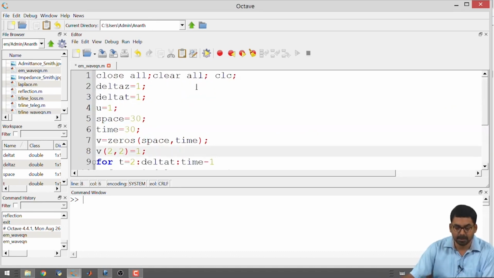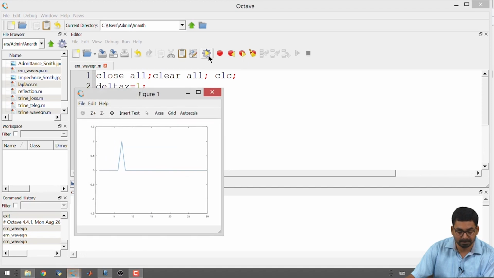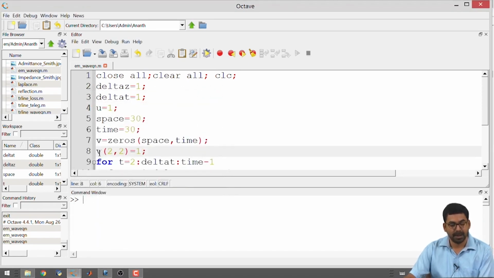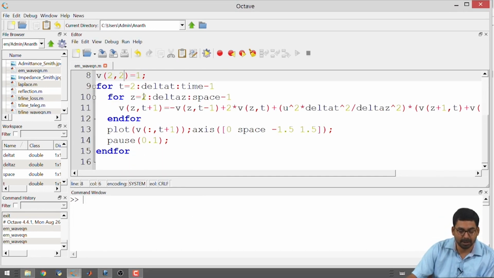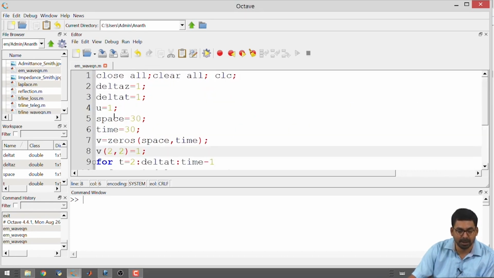Start with an impulse because that is easier to explain. Okay. So, I just made the source at particular instant of time to be equal to 1, and then I have the loops over here, and this is for the transmission line where we are calculating the voltage. All we now need to do for this program is change some parameters.